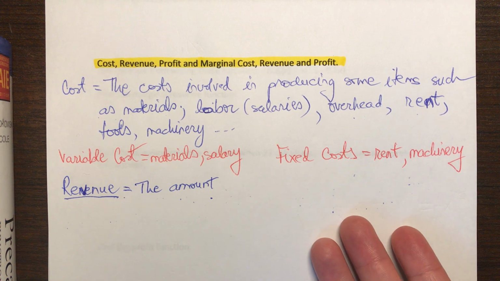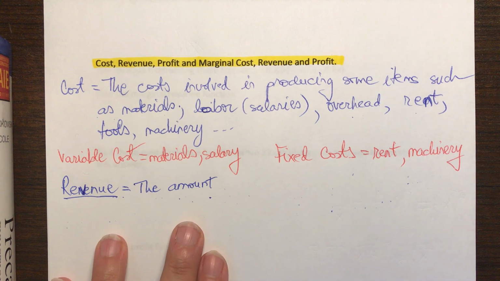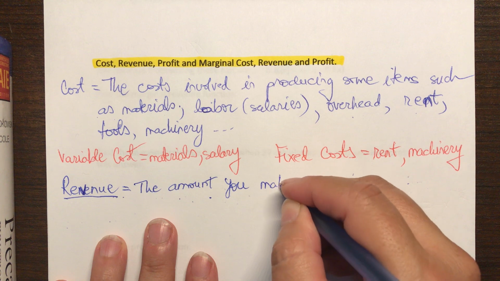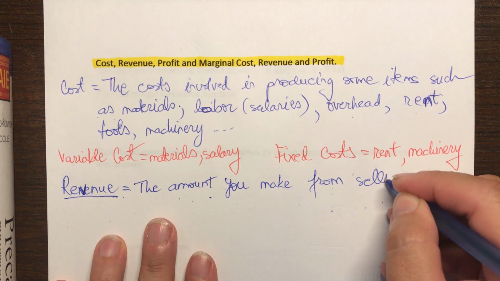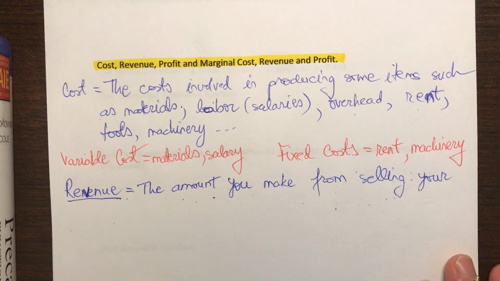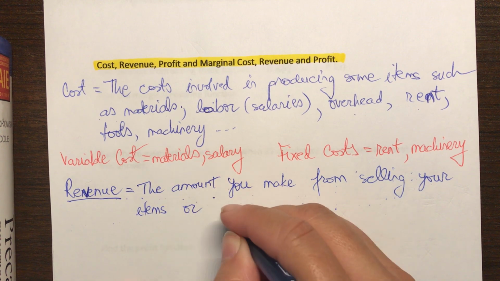The revenue is whatever you're earning from cutting that hair, from making those nails, from seeing those patients, whatever service you are providing. So the amount of money you make from selling your items or providing the services.